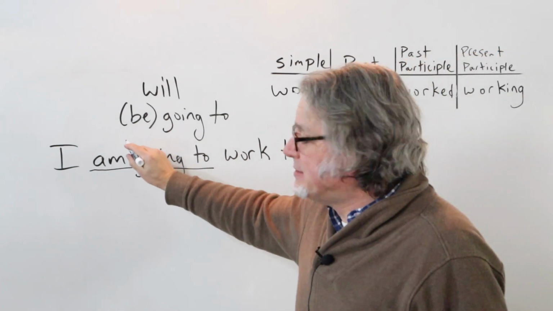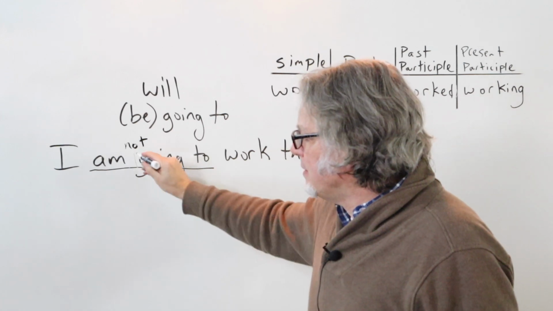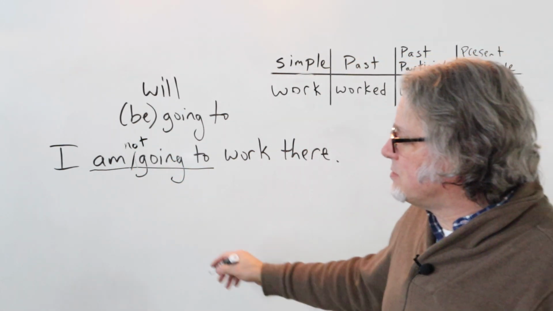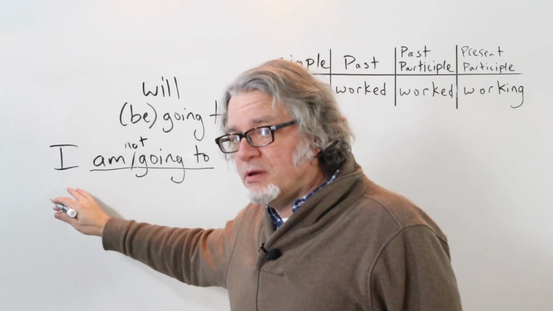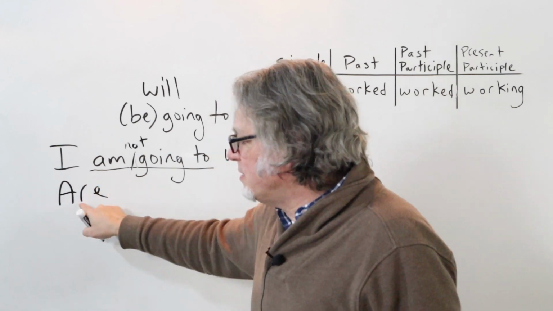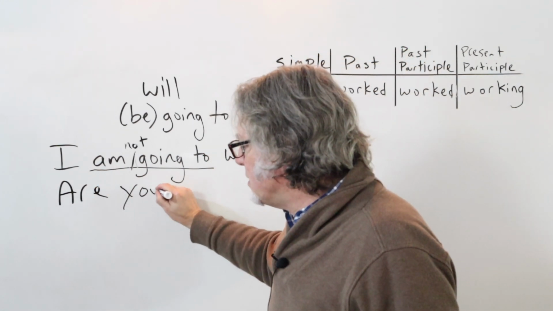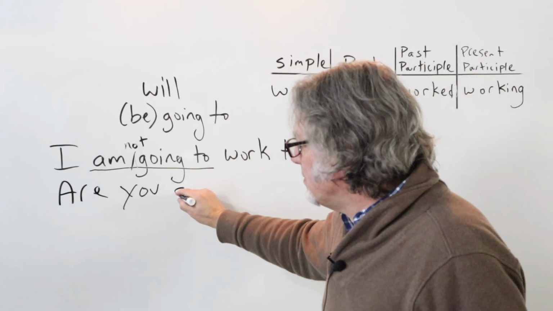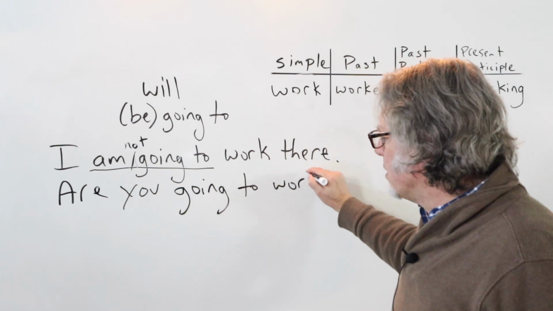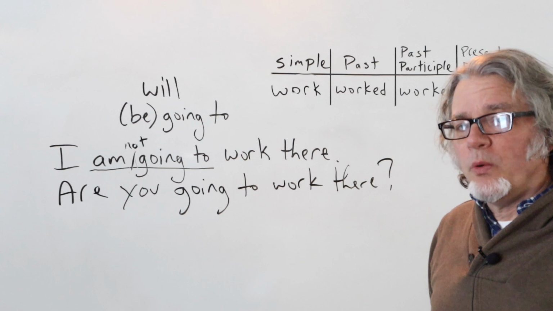To make it negative, just put not here after the verb be, and to make a question, put the verb be first. If we change the subject to you, then the verb be becomes are, then the subject, and then going to work there. Are you going to work there?